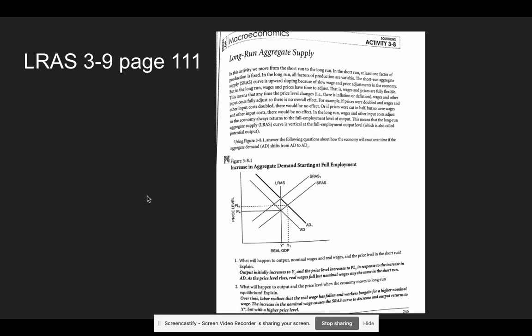And that increase in nominal wages is going to cause the SRAS curve to actually decrease, right? So now that we're asking for increased wages, this curve here shifts to the left because one of the inputs for making stuff has gotten more expensive. So it shifts to the left.